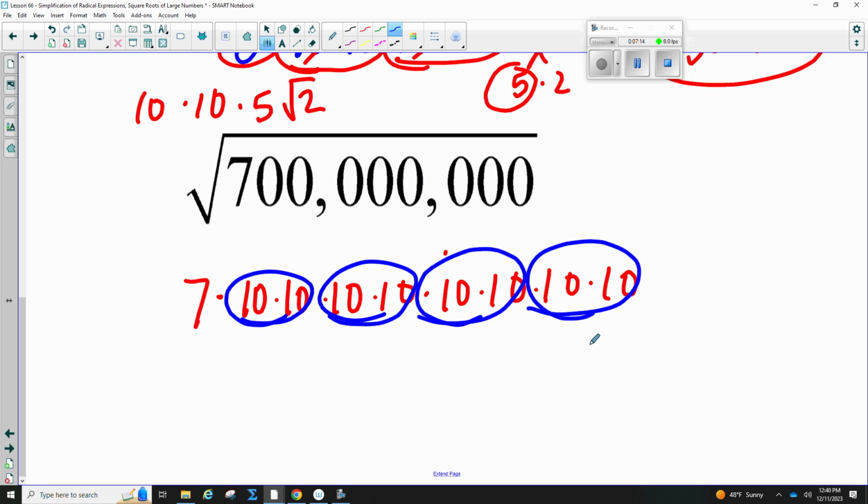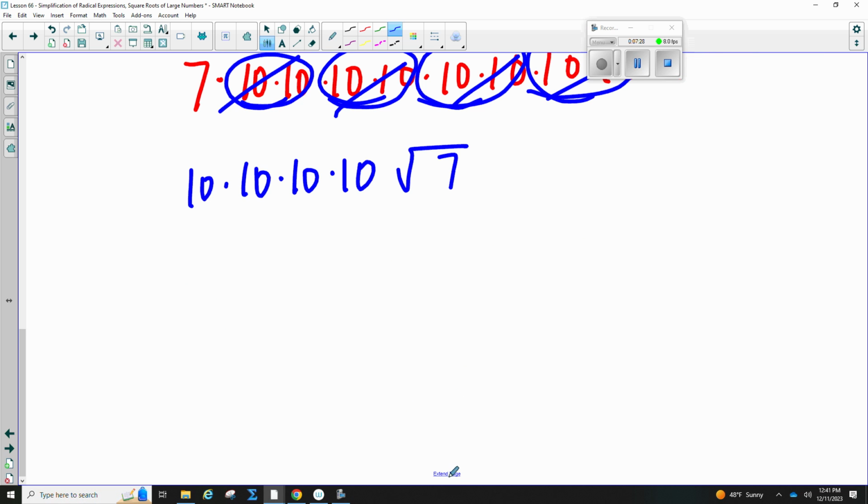Yes, all of them, but each pair leaves as 1. So we're going to write down 4 of these on the outside. All right, and the 7 is the one who's all alone, and he stays in the house. Then multiply those tens together. That would be a 1 with 4 zeros. So I get 10,000 root 7.